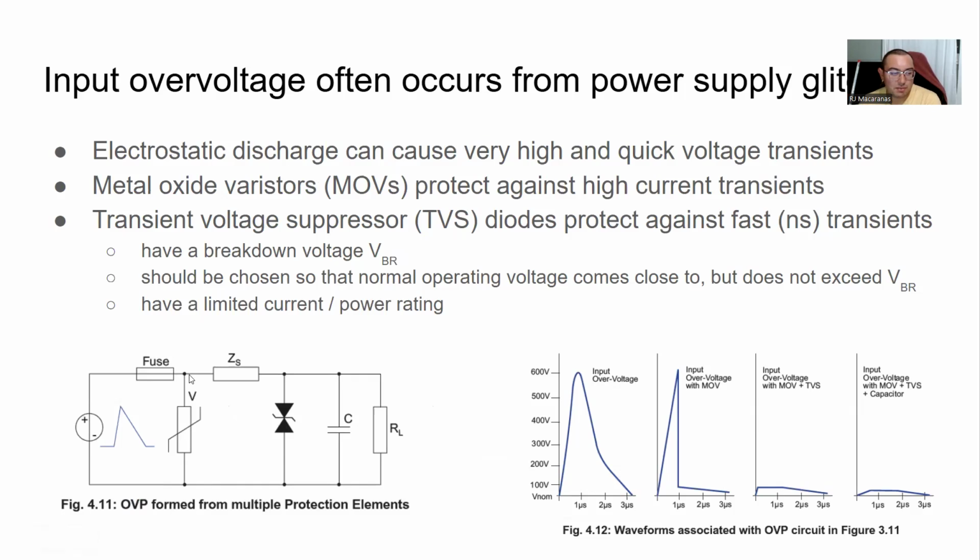But the main difference between these metal oxide varistors and these transient voltage suppressor diodes is that the MOVs protect against high current transients, whereas these TVS diodes protect against fast, really high voltage transients.